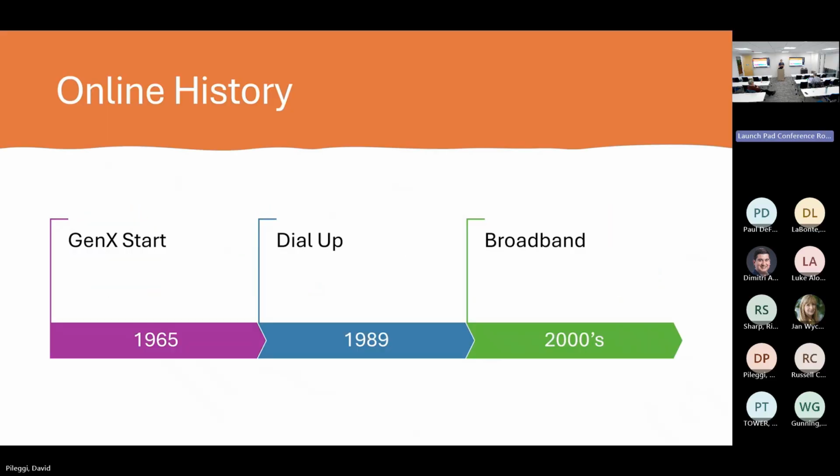All right, some online history. Generation X started in 1965. I was born in 1970, so I am a Gen Xer. Back in that day, we weren't always kept in. We were told to go out until the streetlights came on, unless we were called in for dinner.